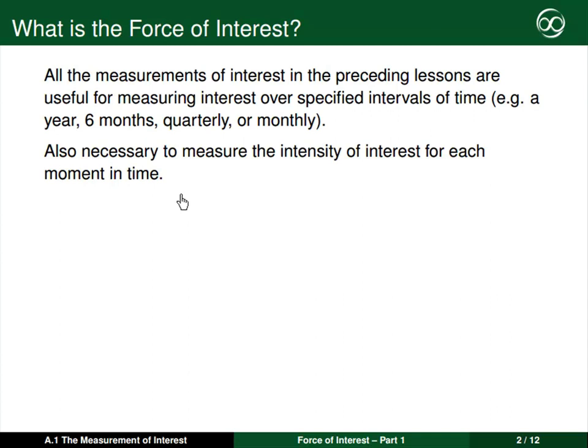Now, that doesn't mean that if you're doing actuarial work in a normal environment, you're going to be using the force of interest for anything, because payments don't tend to occur every single moment. In the real world, payments occur monthly, quarterly, every 6 months, or yearly. And so in those cases, we'll want to use measures of interest for those periods of time.